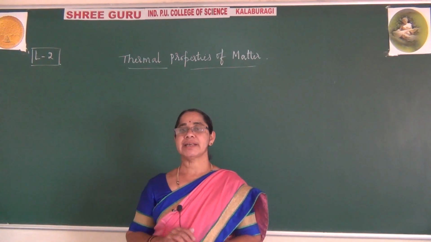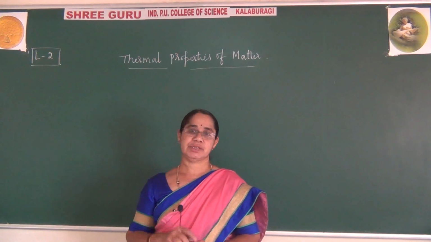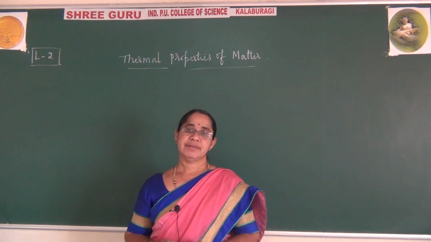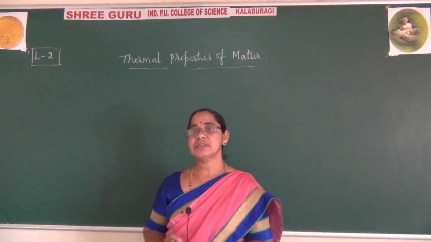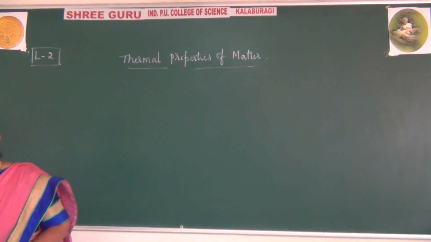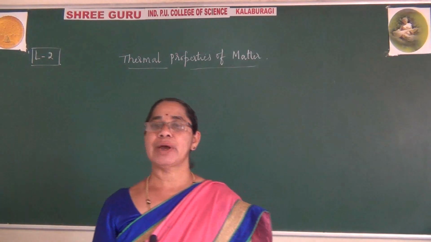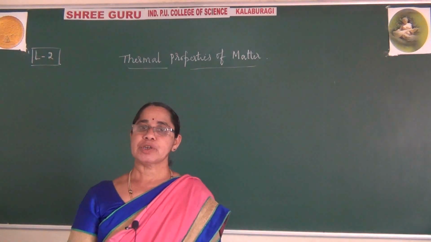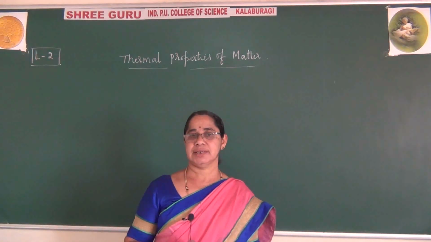The unit of heat in the SI system is joules, right? We have learnt the conversion from calories to joules, where 1 calorie is equal to 4.186 joules. Also 1 calorie is approximately 4.2 joules. This we have learnt in the last class.